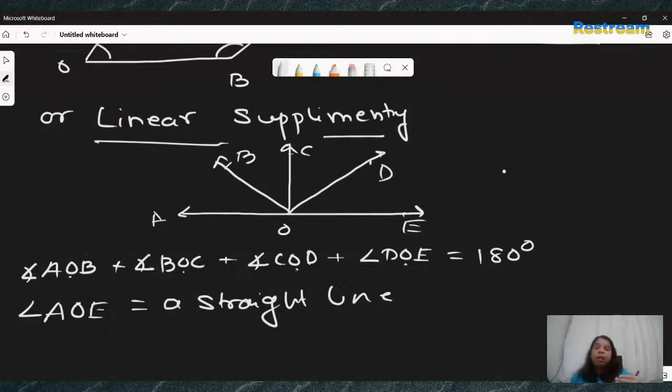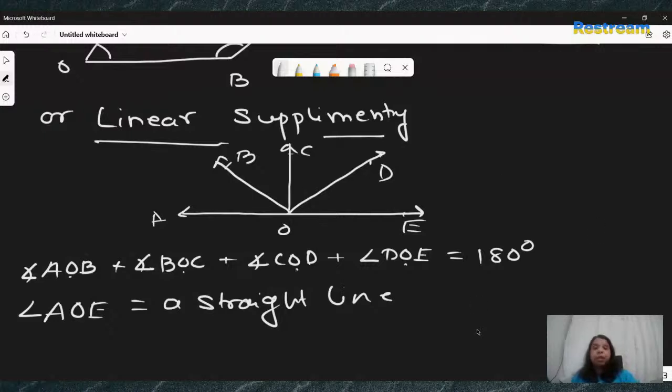So writing linear supplementary when finding out the angles within 180 degrees is a very correct reason to give. When we go into those kinds of questions, you'll understand what I'm saying when you have to write reasons, because in geometry, everything is related to some kind of fact or theorem or rule that you have to state when you are writing your answers.